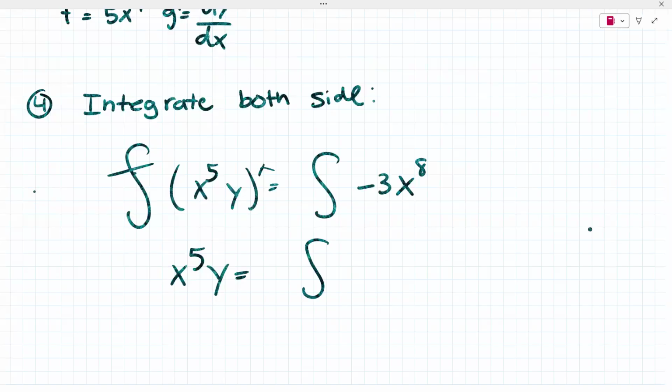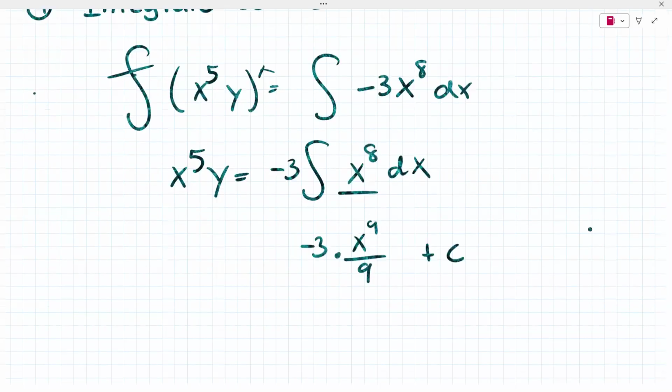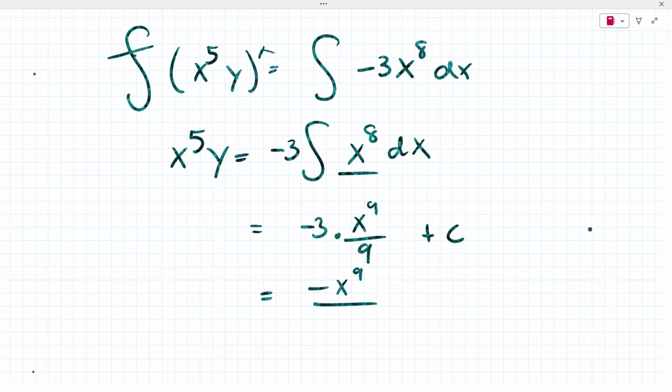What is the integration of negative 3x^8? Negative 3 is a constant, so you can take that out. The integration of x^8 is x^9 over 9, times negative 3. And you put the plus c. Over here, negative 3 over 9 can be reduced, so that's negative x^9 over 3.